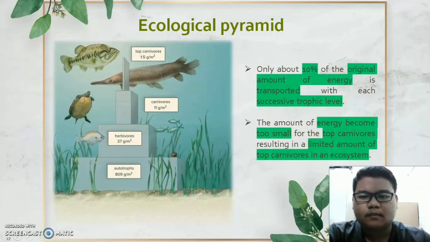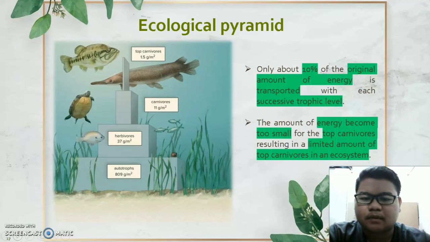Okay, this is the normal pyramid, or ecological pyramid. In this pyramid, we can see that only about 10% of the original amount of energy is transferred with each successive trophic level.